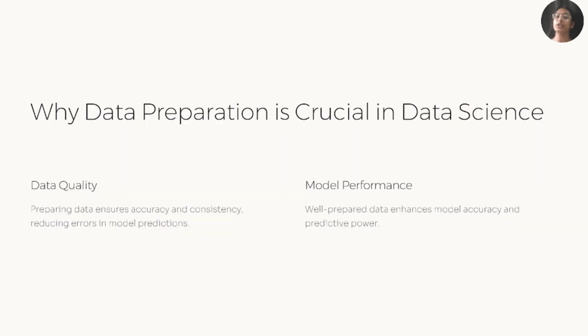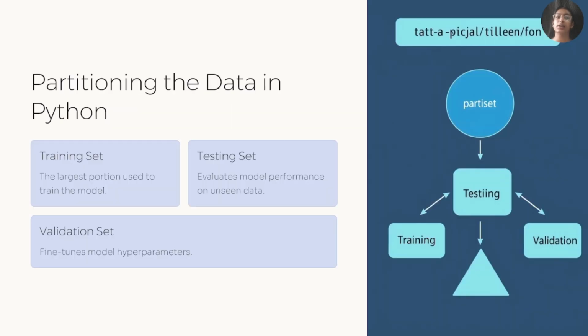Why is data preparation crucial in data science? The question arises in our mind. But why is it really important, right? Because it improves the data quality and it improves the model performance, the two factors which we desire. Next, it is done by partitioning the data into a training data set and a testing data set.